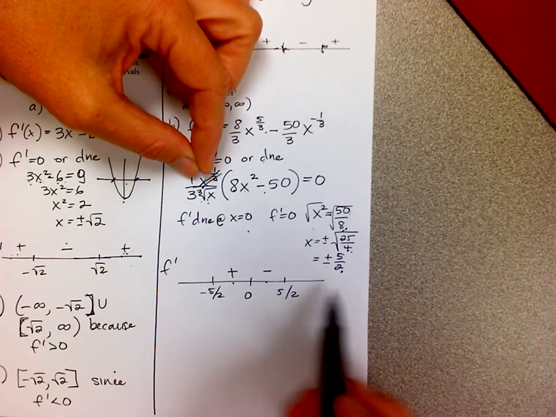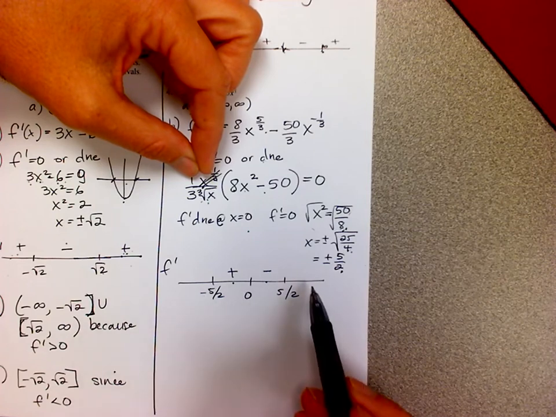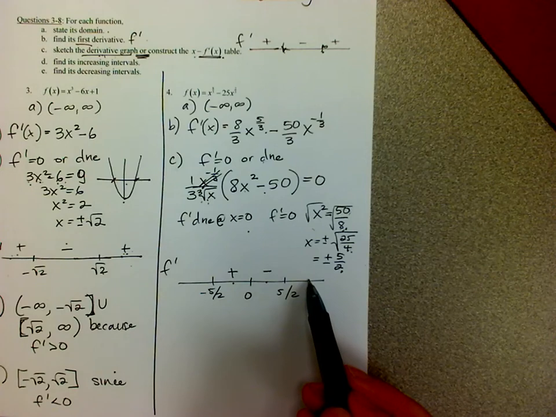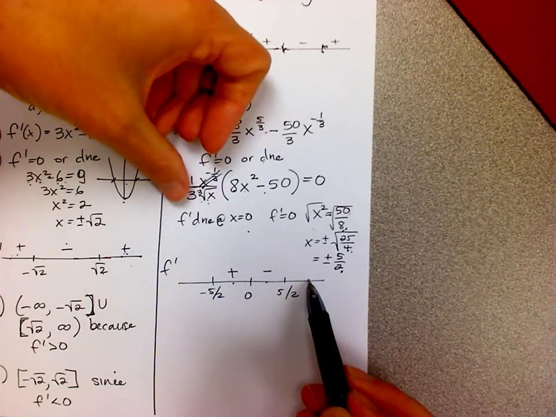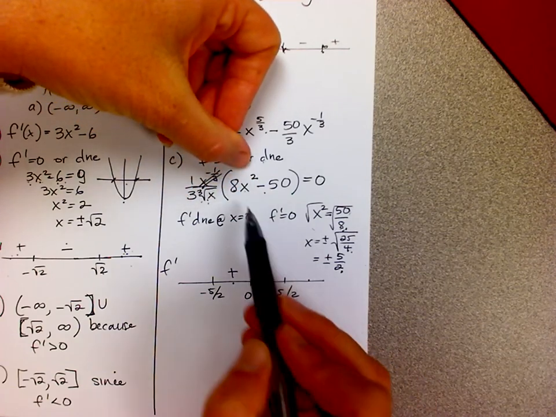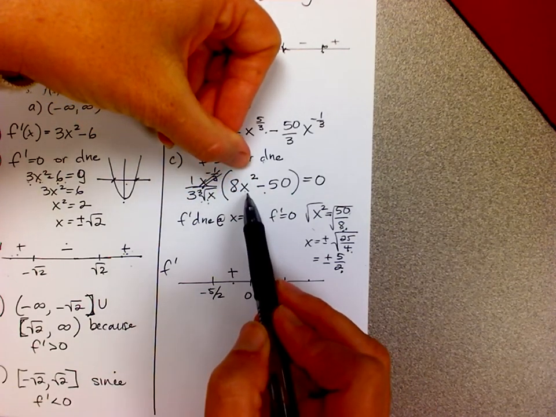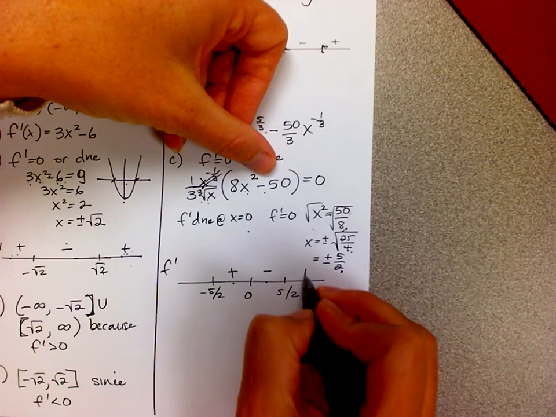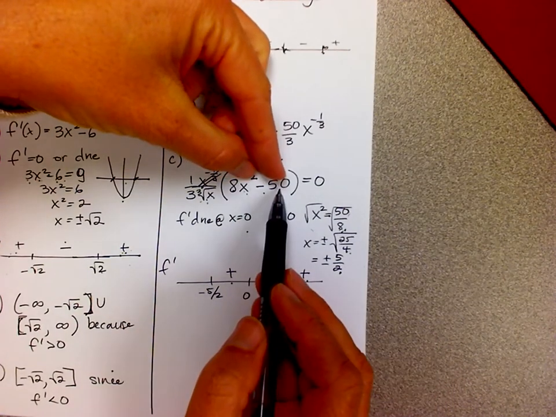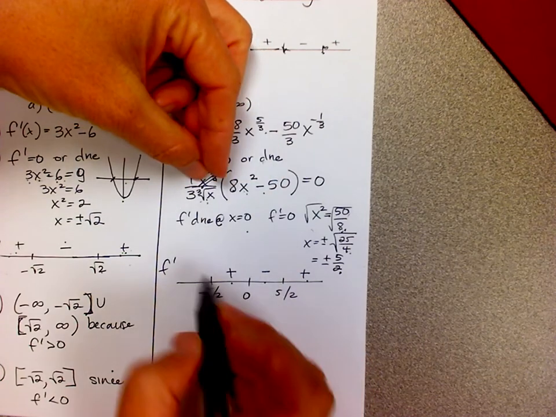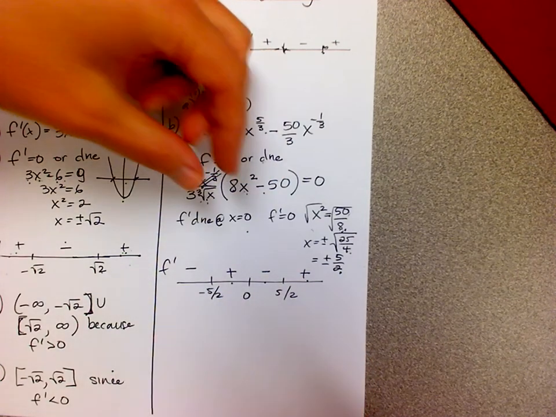And then I have these two values over here. So now if I want to substitute in like a 5, pick a number that's not so bad. If I substitute in a positive 5, this part will be positive. This part will be 8 times 25, which is 200 minus 50, which is positive. And if I substitute in a -5, this will still be negative, but this will be negative as well.